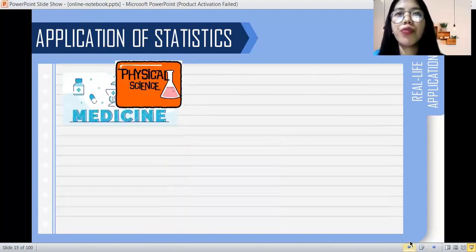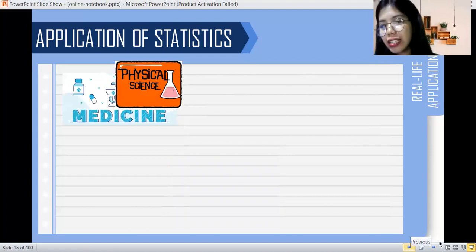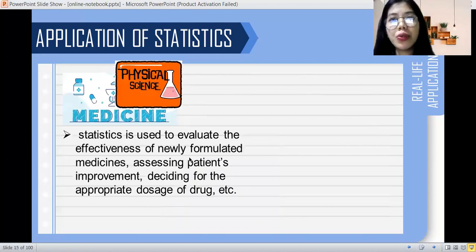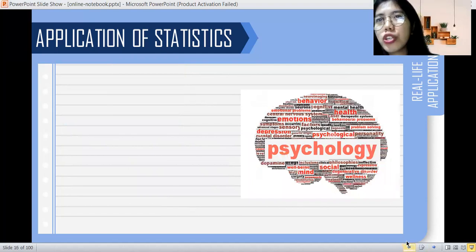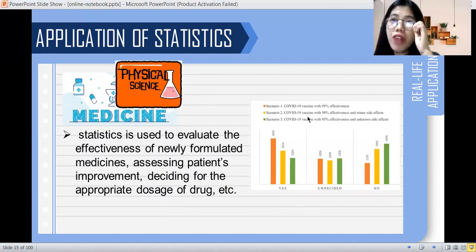Then we also have the field of medicine and physical sciences. Statistics is used to evaluate the effectiveness of newly formulated medicines, assessing patients' improvement, deciding for the appropriate dosage of drug, and etc. So through statistics, the medical practitioners, the physicists, can identify, like for example ngayon, yung picture na to, if yung mga vaccines ba na binibigay para labanan ang COVID-19 ay effective nga ba or not.